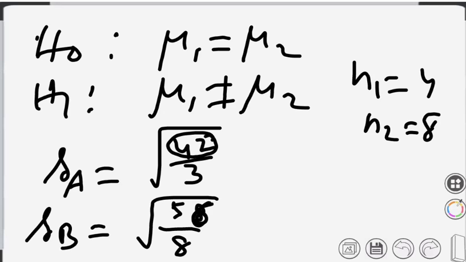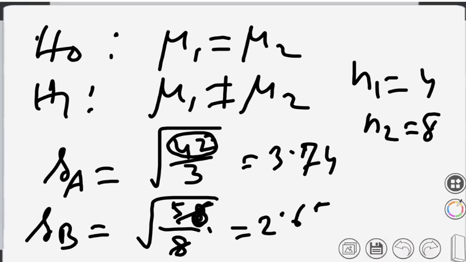So calculate: how much is SA? SA is root over 42 by 3, square root of 14, that means 3.74. And this is 56 by 8, that is 7, root over 7, so that is 2.65.